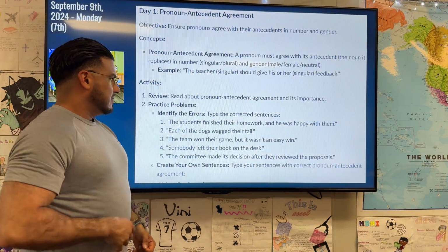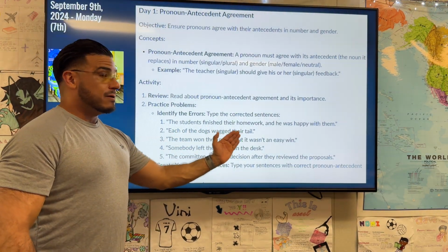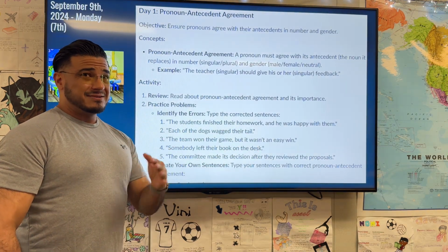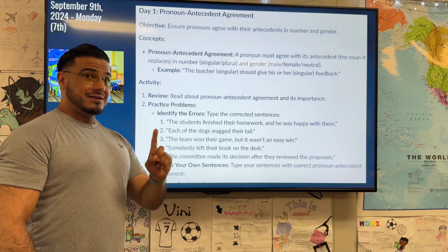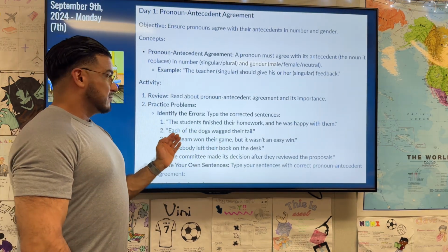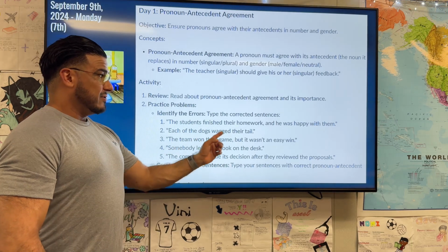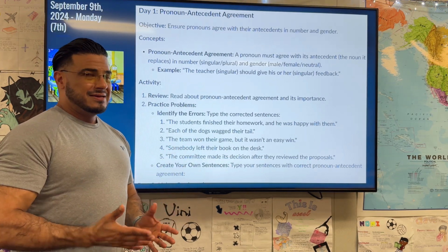All right, sentence number 2. Each of the dogs wagged their tail. If you're looking at number 2, it's actually not a plural subject, but singular. Each of the dogs, so individually. So we're going to treat it as singular. However, the pronoun used is collective, so it's plural. And that's not what we want.